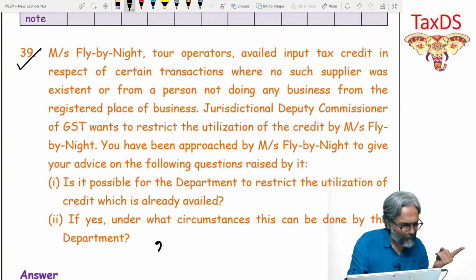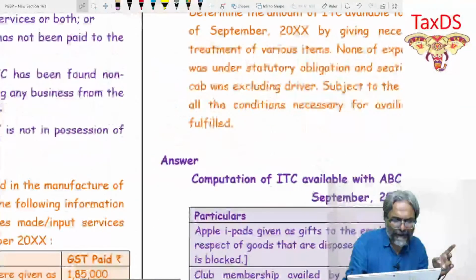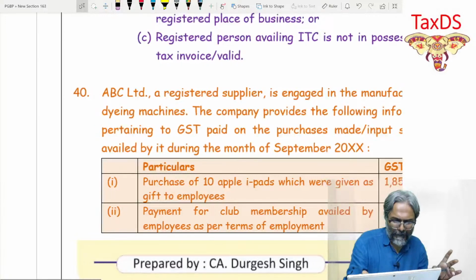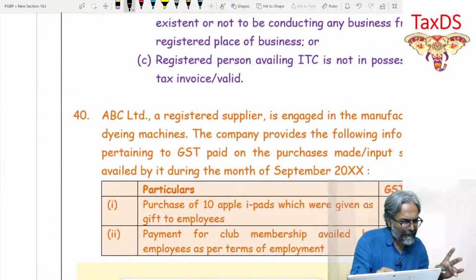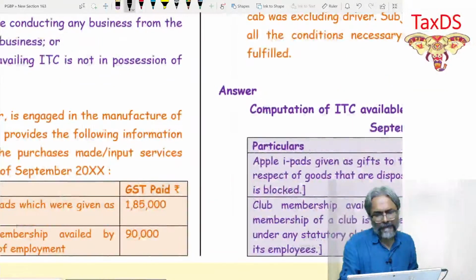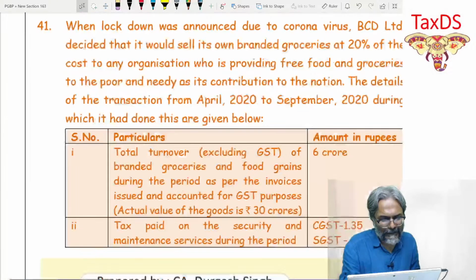Just take the homework now: 39, 40. Please take this as homework. Question number 39 and 40. Please take this as homework. And that should be all.